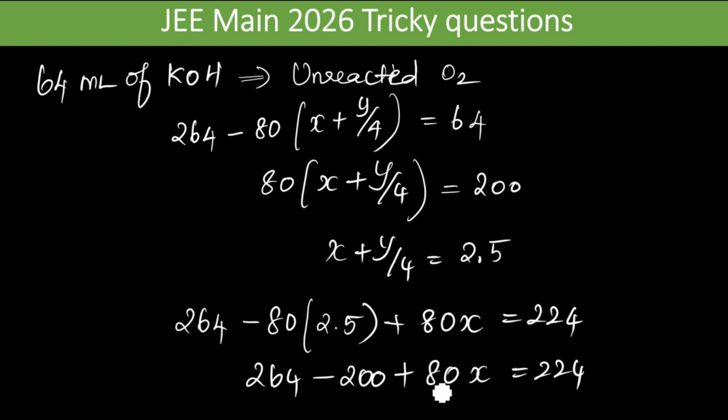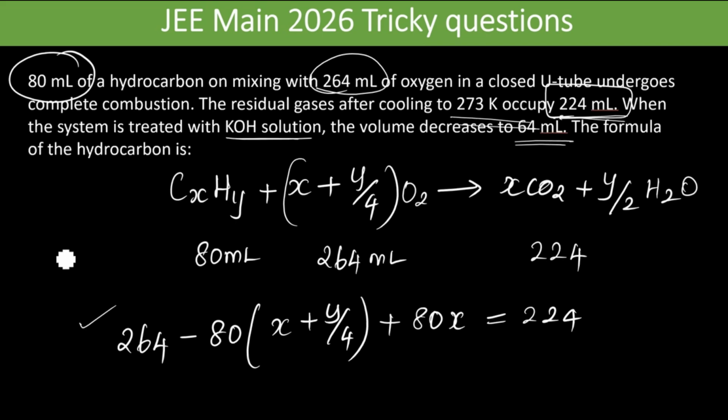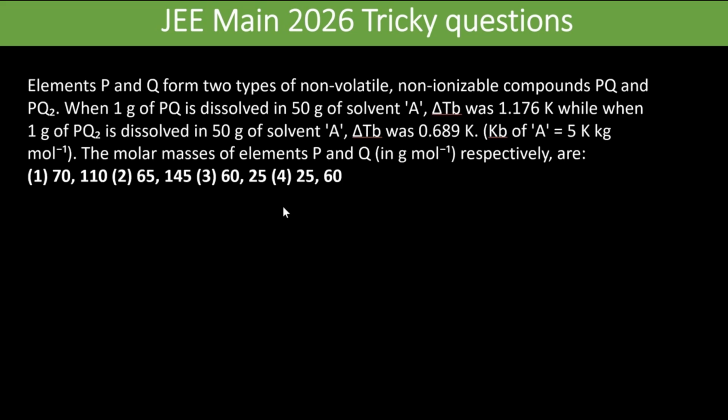Then 64 plus 80x equal to 224. Then x will become 2. If x is 2, x plus y by 4 is 2.5, so y will become 2 again. So the answer to this question becomes C2H2. Okay? The calculations are simple. As I'm talking, it takes some time, but it is simple. Moving on to the next question.